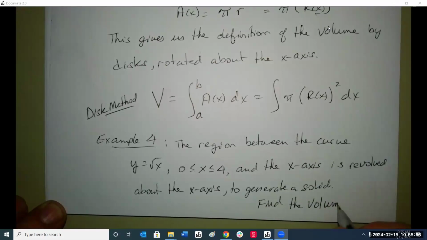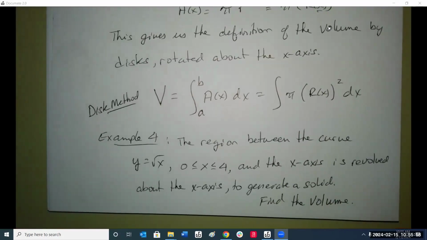And the volume. Okay, so it says the region between the curve y equals square root of x, the bound 0 to 4, and the x-axis.